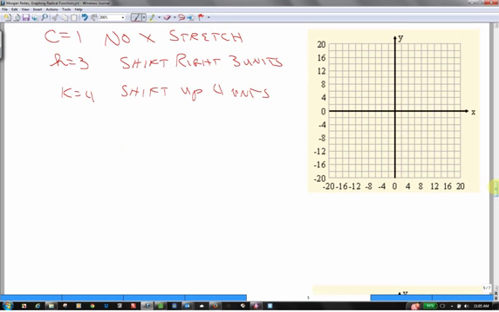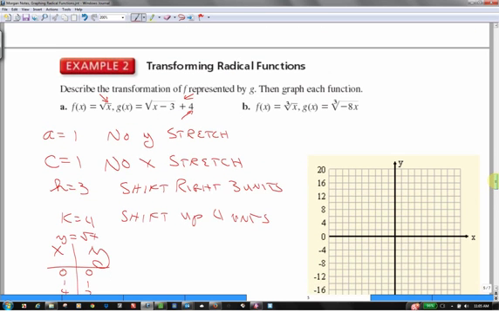So this is the parent. So I've got 0, 1, 4, and 9, which is going to give me 0, 1, 2, 3. Actually, I guess I should check to make sure this was a square root. It is a square root.